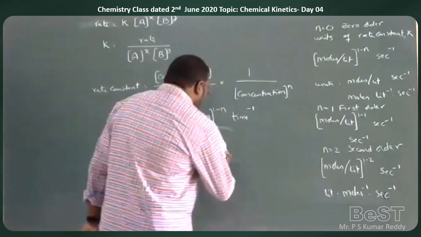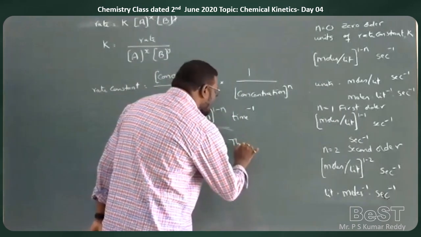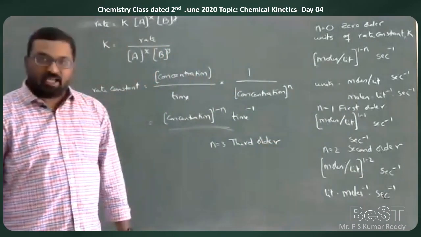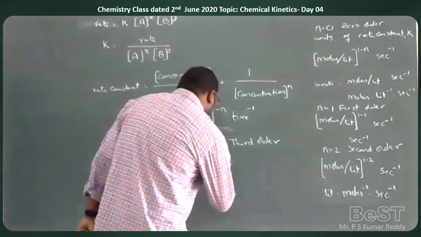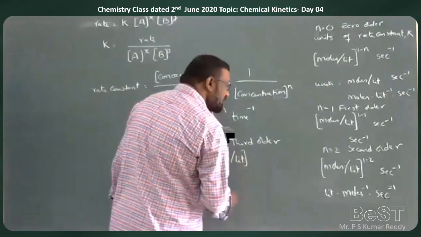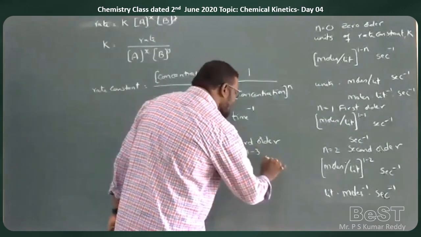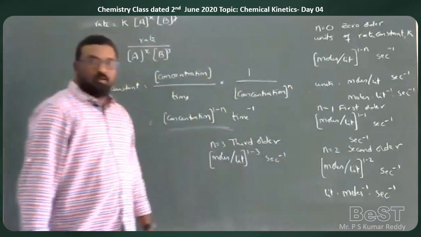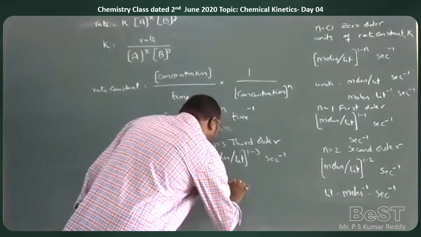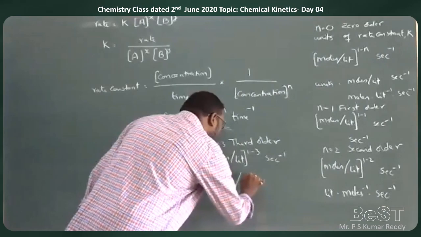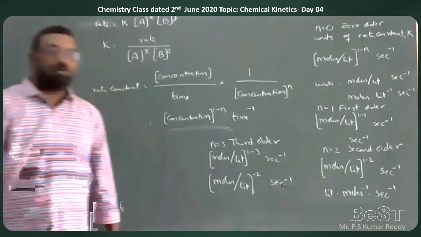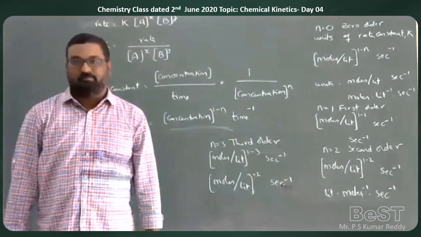In the same way, when n is equal to 3, that means a third order reaction, then moles per liter to the power of 1 minus 3 seconds inverse. Here 1 minus 3 means minus 2. So moles per liter to the power of minus 2 seconds inverse will be the units for a third order reaction.